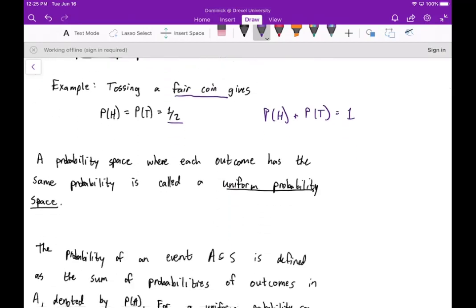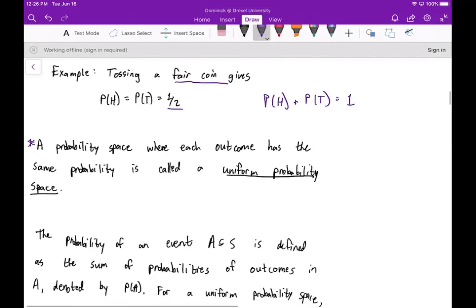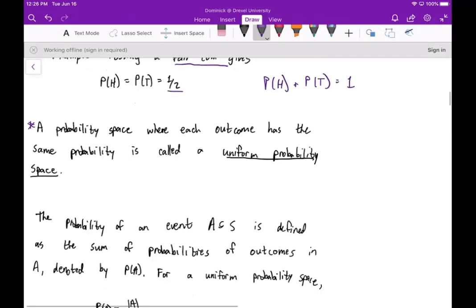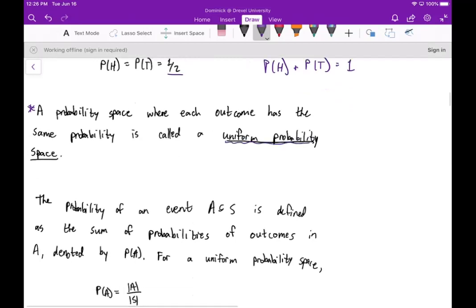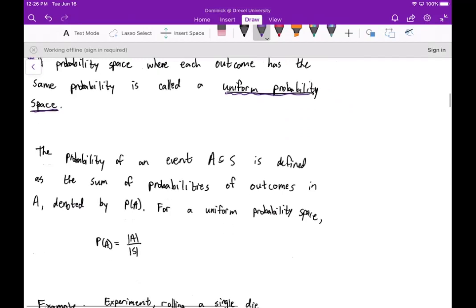Now, for the most part in this course, we're going to consider a simple type of probability space, and that will be the probability space where each outcome has the same probability of occurring. And we call that a uniform probability space. Okay.